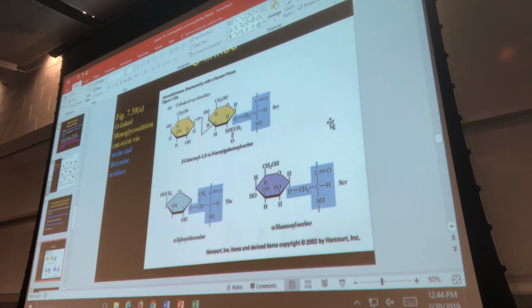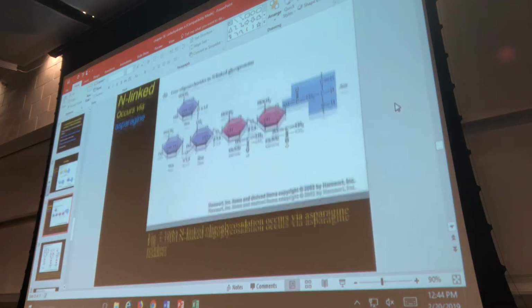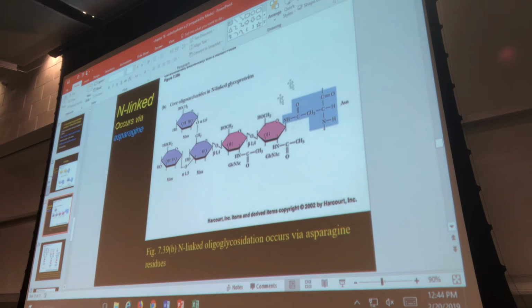So the most important ones for exam 2, to help you along with that, are for O-linked glycoproteins, you're looking for ones attached to serines and threonines. And for your N-linked glycoprotein, you're looking at one attached to asparagine.